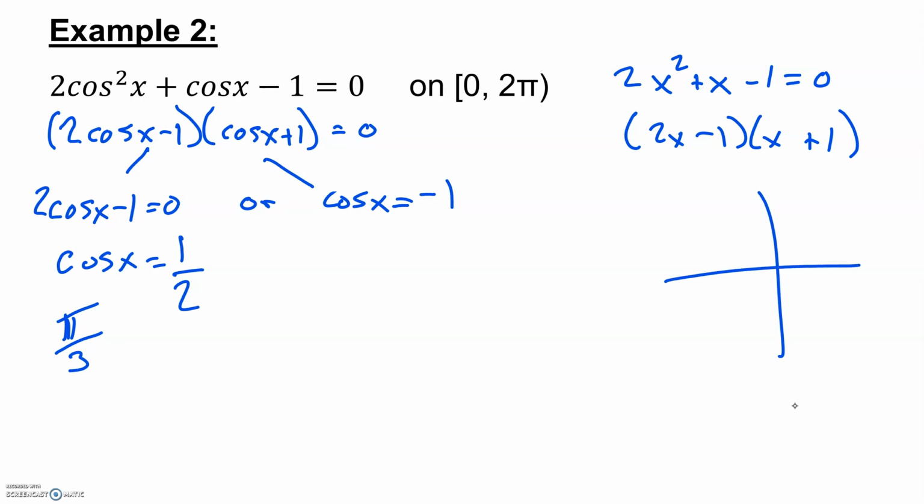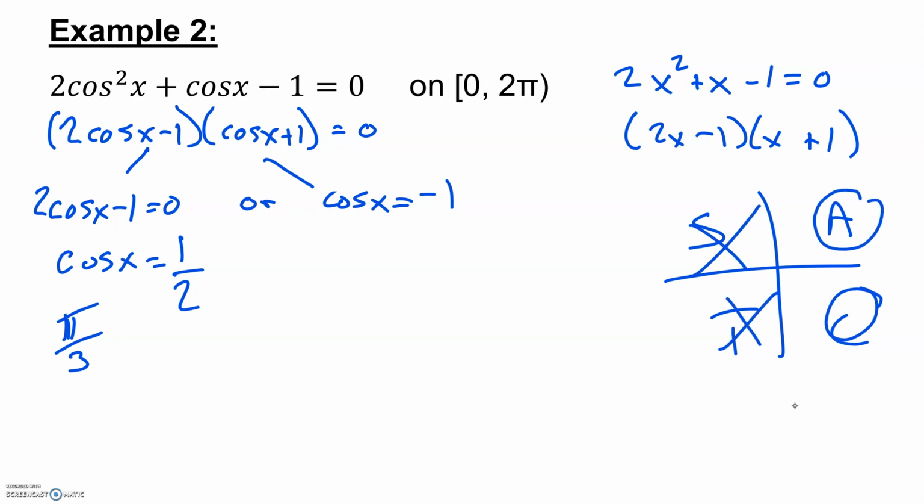Now we do need to, again, think about where cosine is positive. It's positive here and here, right? So in terms of the bow tie angles, we would say x equals pi over 3. That's in the first quadrant. And then in the fourth quadrant, it will be 5 pi over 3, right?